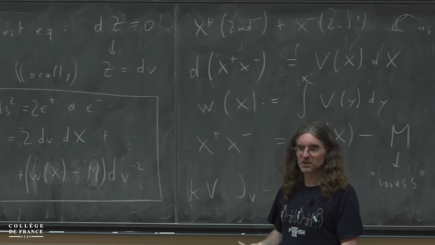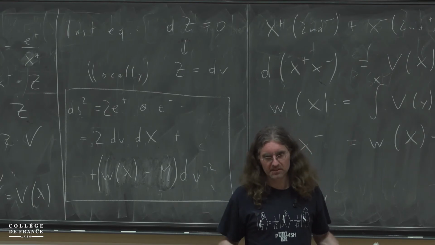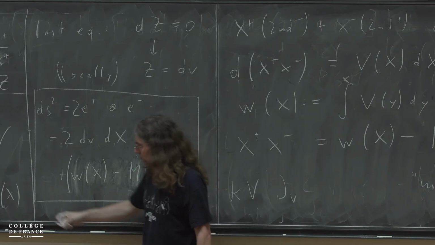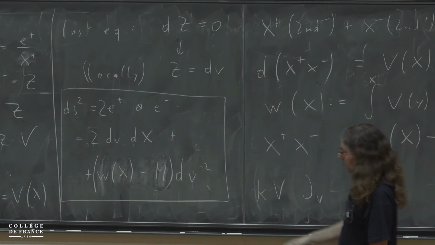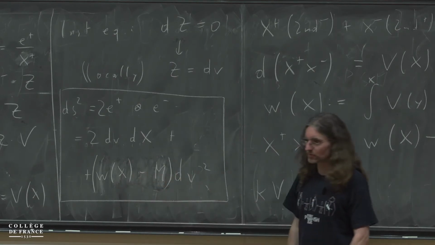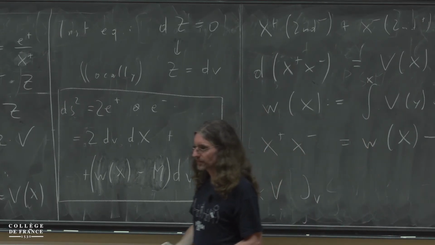You can use this information to reverse engineer your models. If you want a model that for some reason describes black holes with 42 Killing horizons, then you have to choose your function v in such a way that this function w leads to, for instance, a polynomial in x that has 42 zeros. So that's useful information.